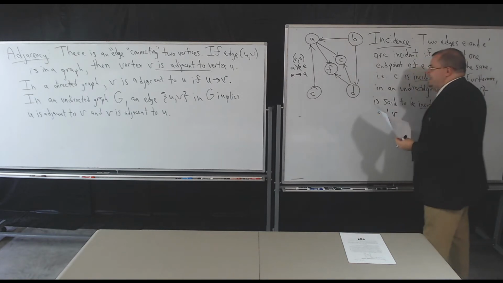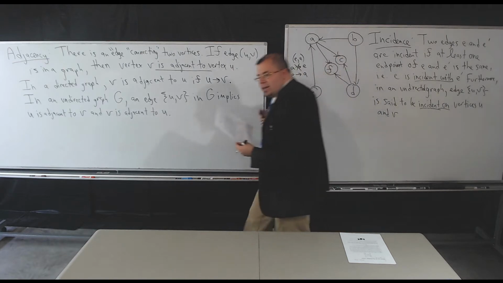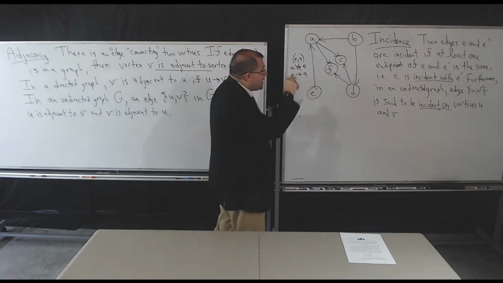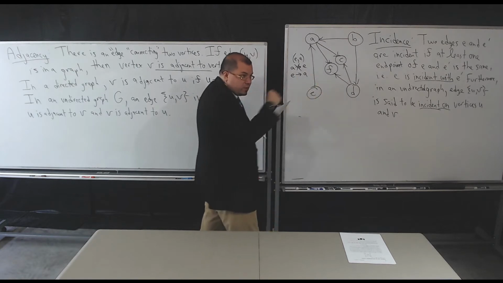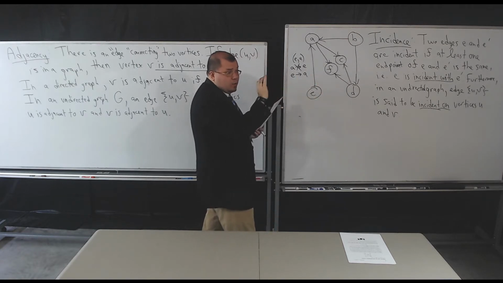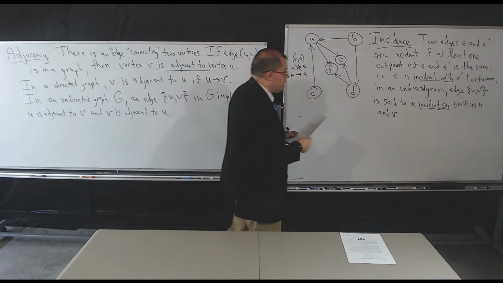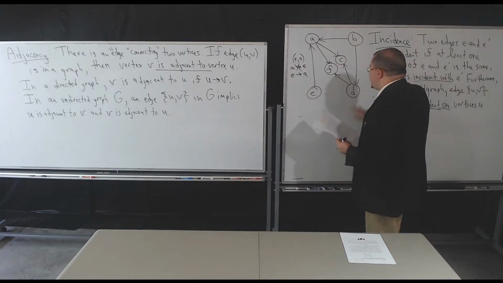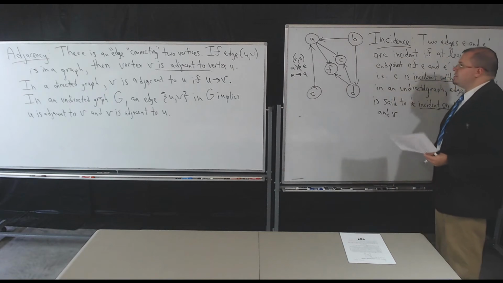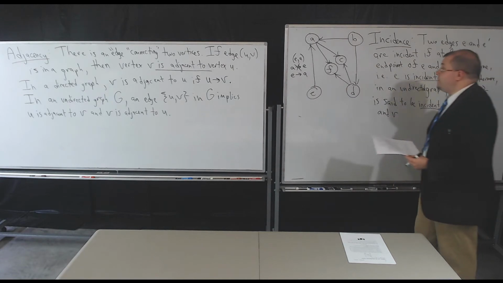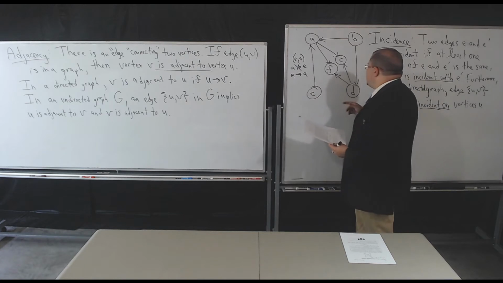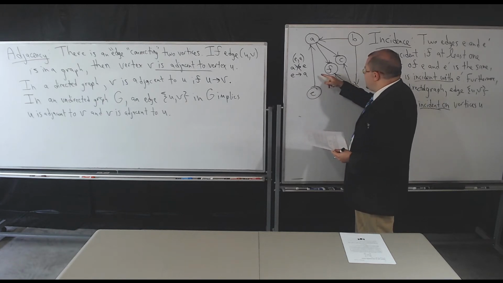So we'd use the phrase incident with to talk about two edges. You'd use the phrase incident on to talk about an edge in relation to some vertices for which one or possibly both are their endpoints, okay? So, for example, if I ignore the directions on these edges and just think of it as an undirected graph again, if I asked you, okay, which edges are incident on A?